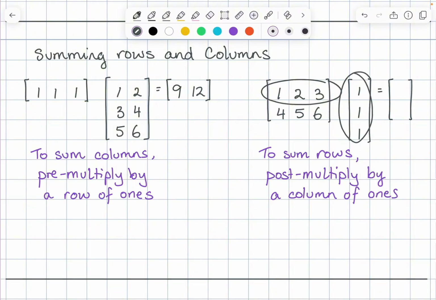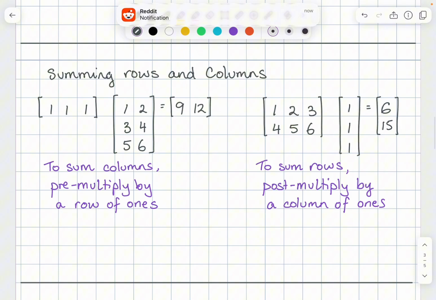This times this is essentially just adding up the 1, 2, 3. So again, it's going to be 6. And multiplying this by 1, 1, 1, we get 4 plus 5 plus 6, 15. Okay.